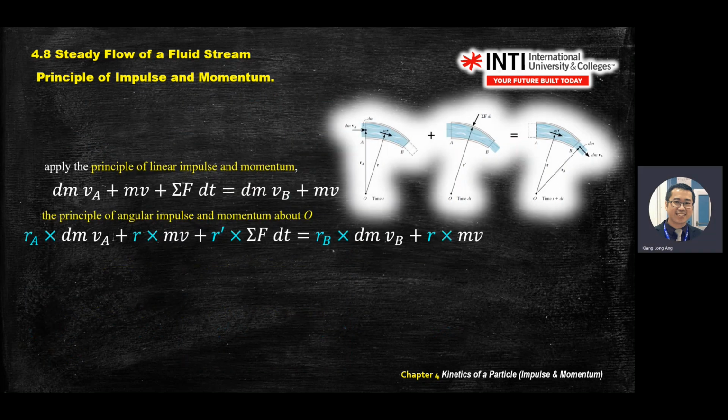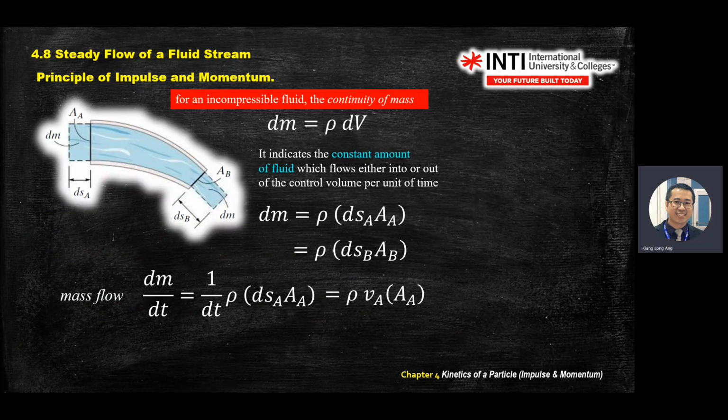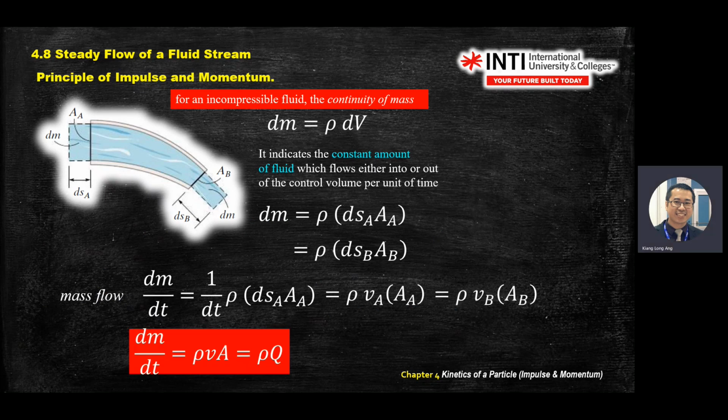You're going to have a very lengthy equation with the cross products. And at the end, you use this equation with rho VA or rho Q that you learn if you have anything linked with fluid. If you take a fluid module this semester, then this is a very famous equation for you, right?